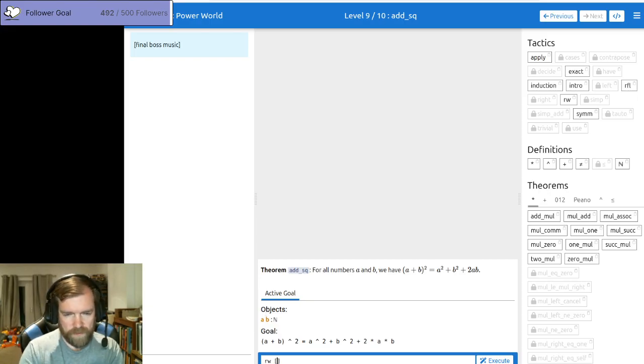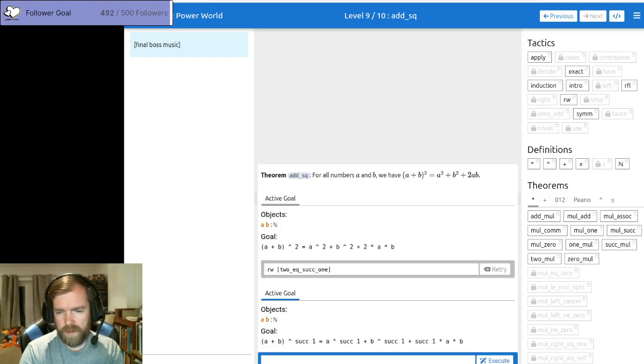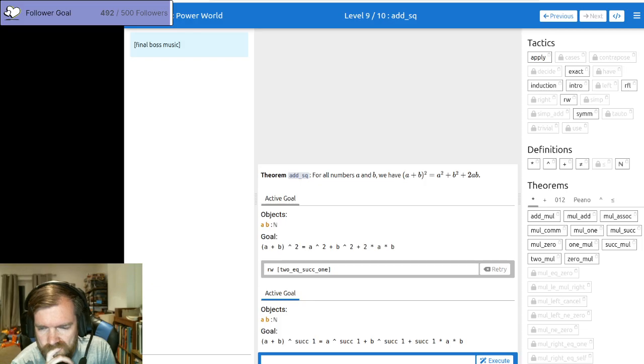Rewrite the first instance of the square, which is going to be 2 equals successor of 1. I mean, like, I don't want it everywhere, but okay. That's fine.